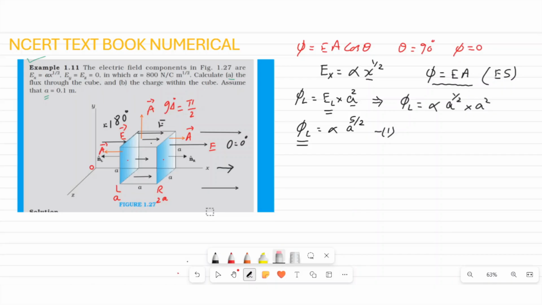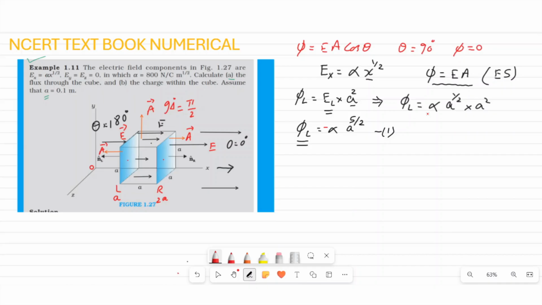So flux for left surface will be minus alpha A raised to 5 by 2. Keep in mind this will be minus.